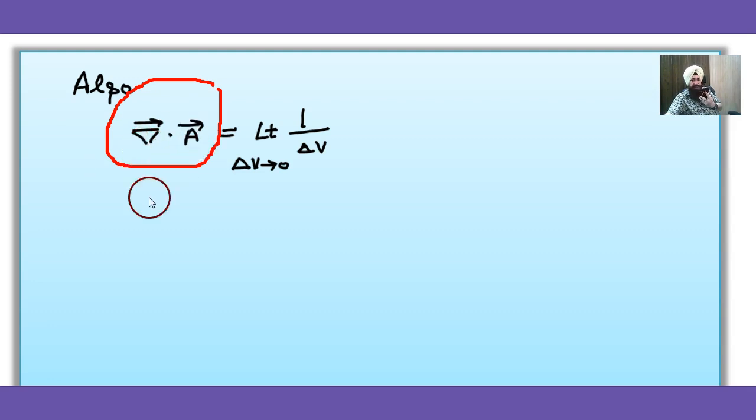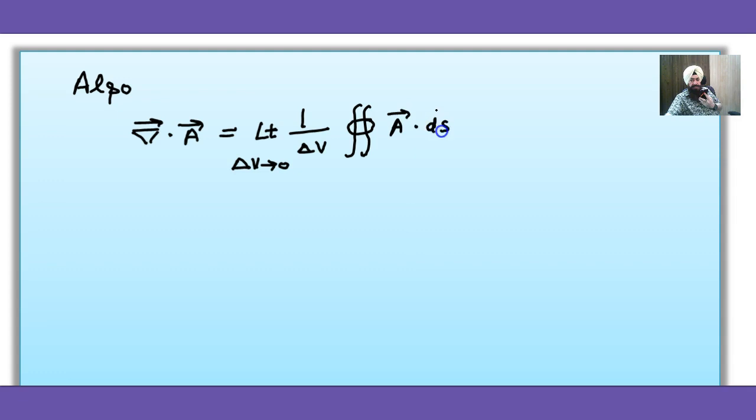Now we have the second definition of the divergence. You know what that is? This quantity is the flux emitting out, flux diverging out, divided by volume.